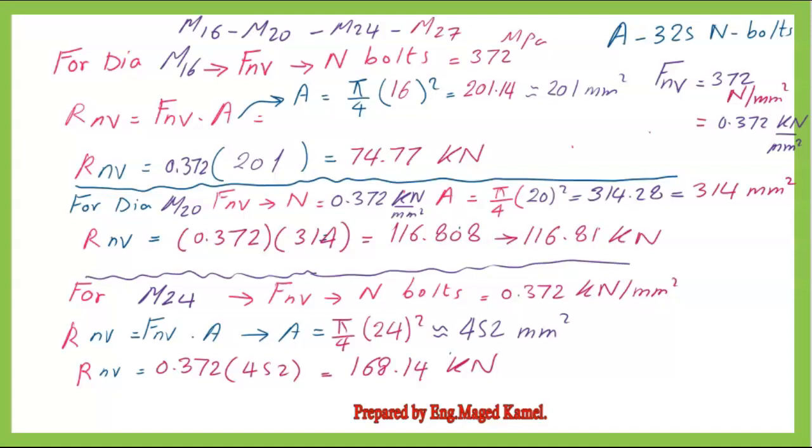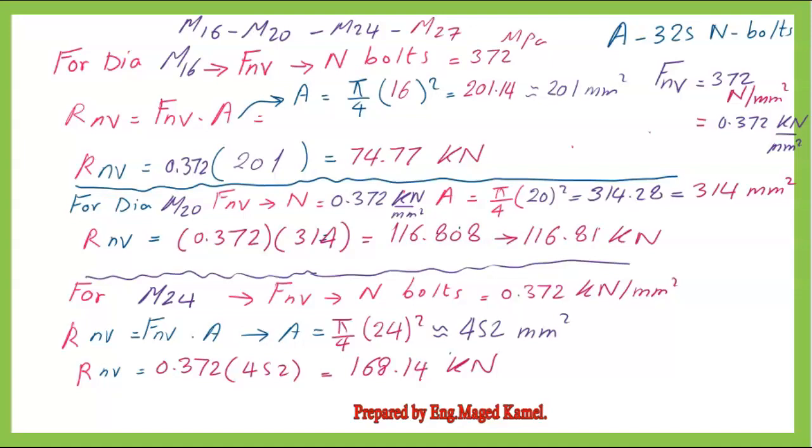The nominal shear strength is 372 Newton per millimeter square, and the area of M16 is equal to 201 mm square. We could divide the F sub NV value by 1000 to convert the value to kilonewton per millimeter square.